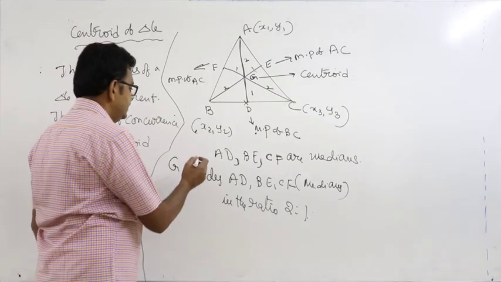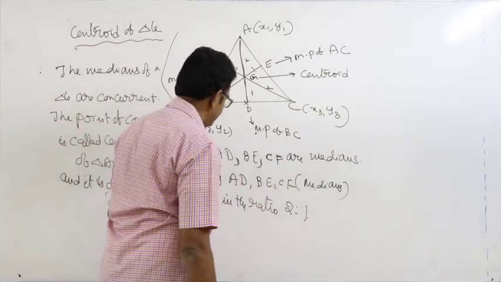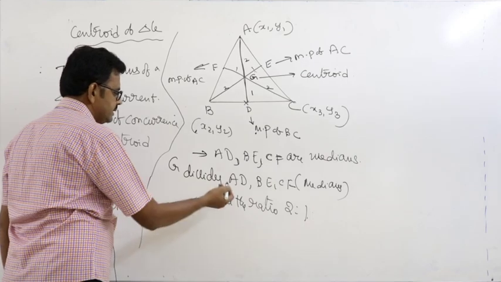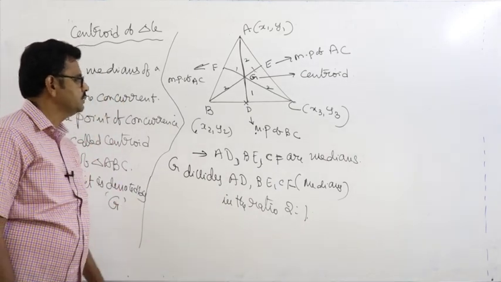So here AD, BE, CF are medians. G divides medians in the ratio 2 is to 1.